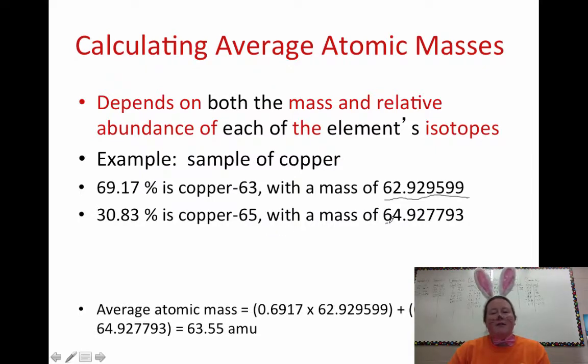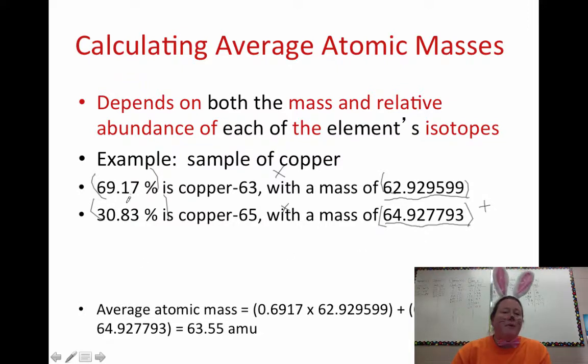And its mass is 64.927793. So to get an average atomic mass, we essentially have to take the percent times the mass plus the percent times the mass equals.